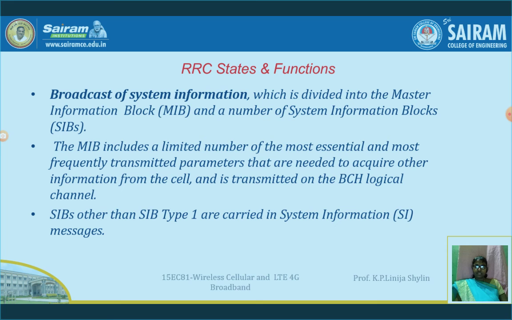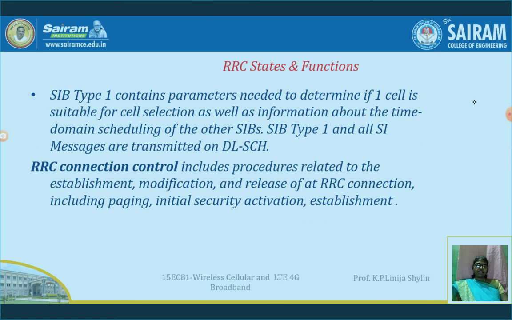Here type 1 carries the system information messages. It is used to determine if a cell is suitable for cell selection, and also carries the time domain scheduling information. The system information block type 1 and all other messages are transmitted on the downlink shared channel.